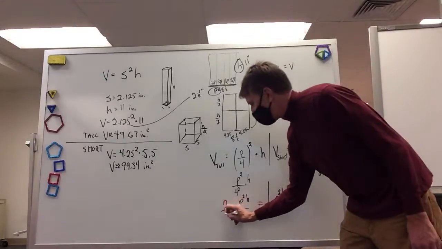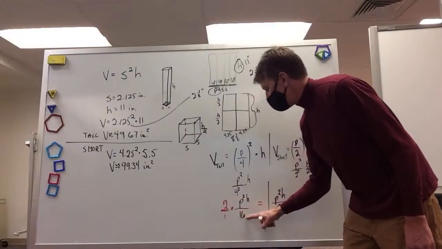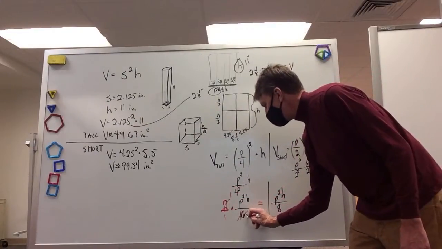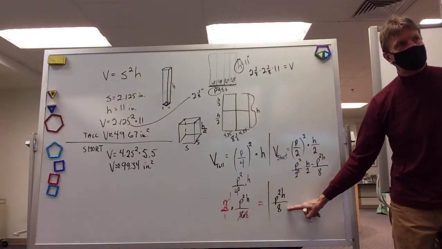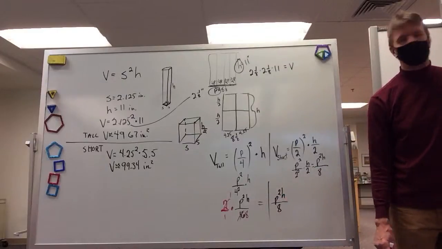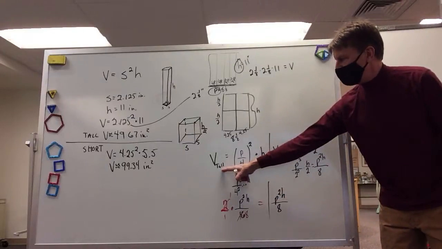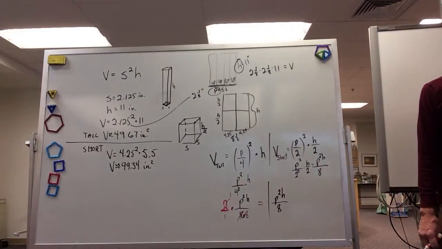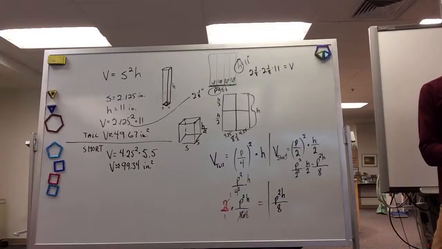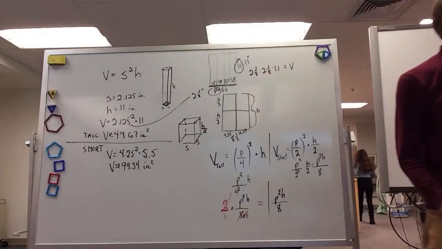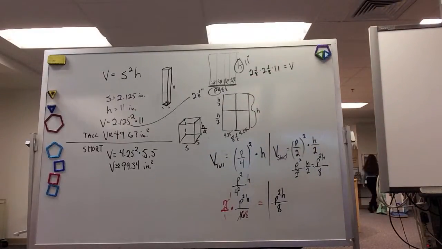Well, this is 2 over 1. 2 over 16 equals 1 over 8. Isn't that what this is? So we just double that one, it's equal to this. If you double the volume of the tall box, it's equal to the volume of the short box. Always, every single time, if this is how we divide up our sides of a piece of cardboard or paper.